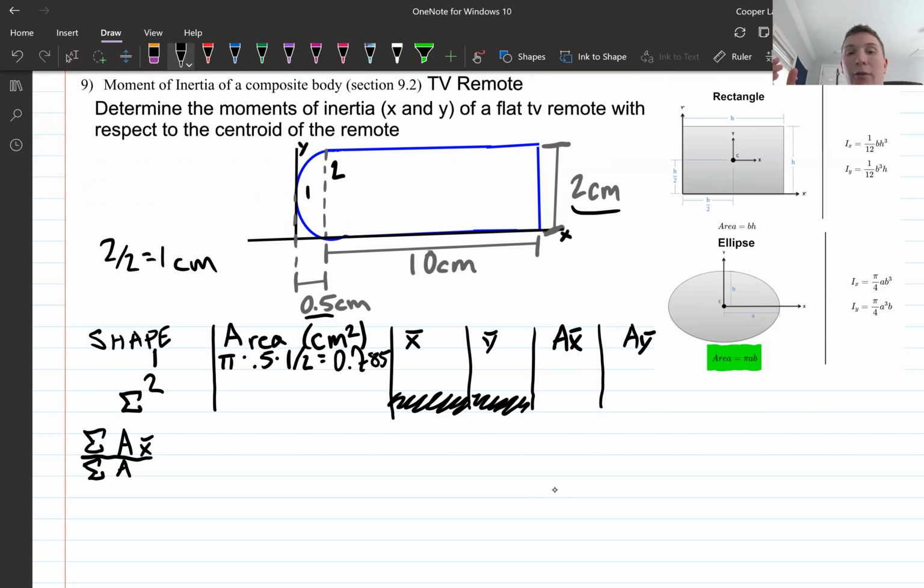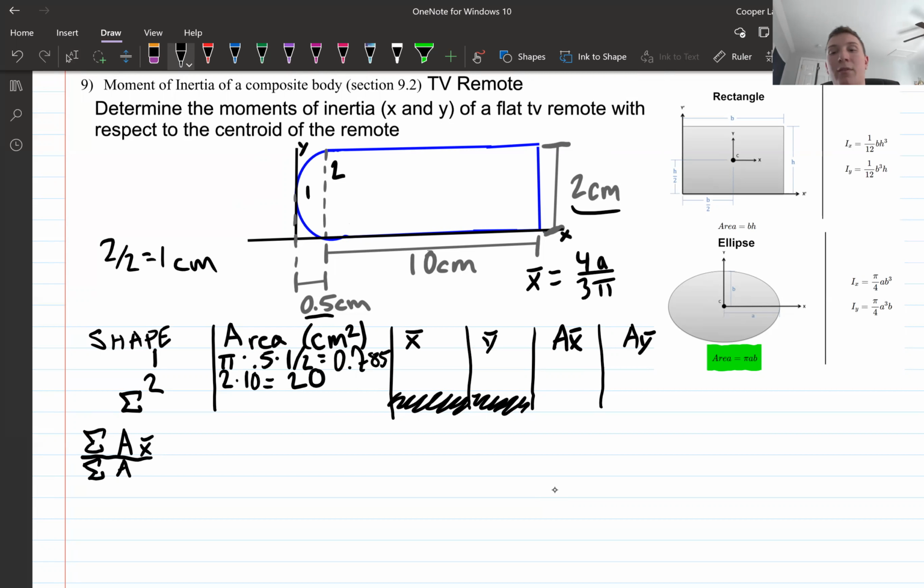Now I'm going to calculate the area of my rectangle. The area of my rectangle is just base times height, or 2 times 10, which equals 20. Now we're going to calculate x bar. That's pretty simple. Because this is for an ellipse, keep in mind, x bar equals 4 times a, all divided by 3 pi.